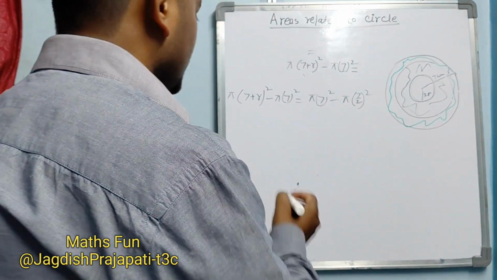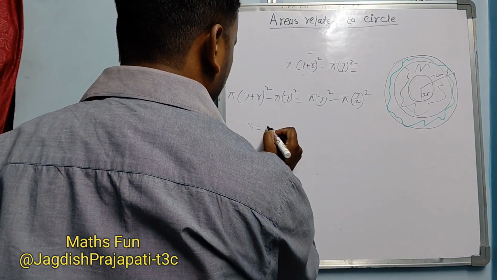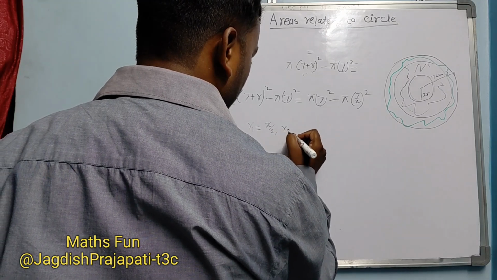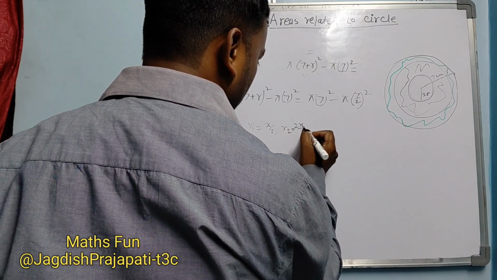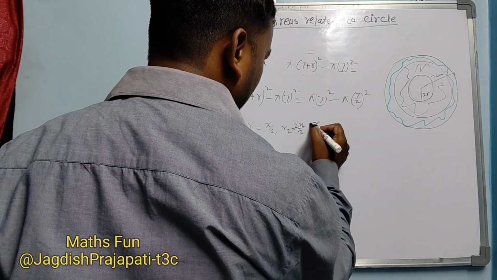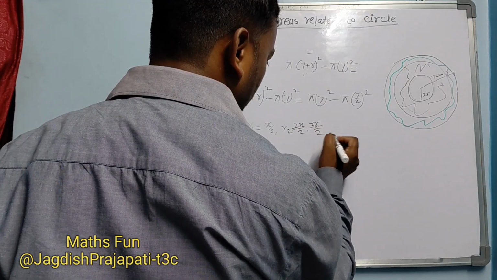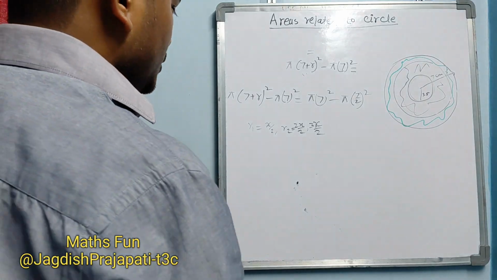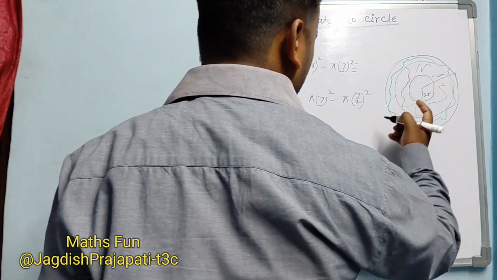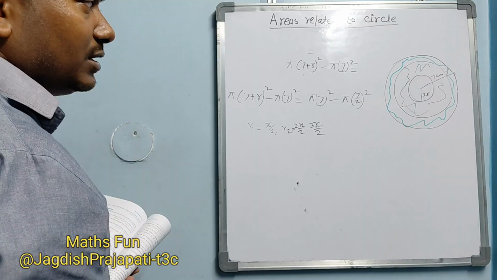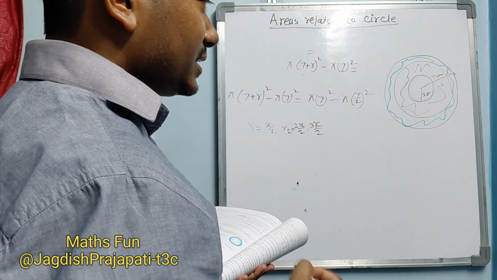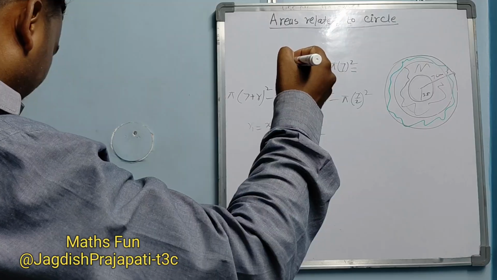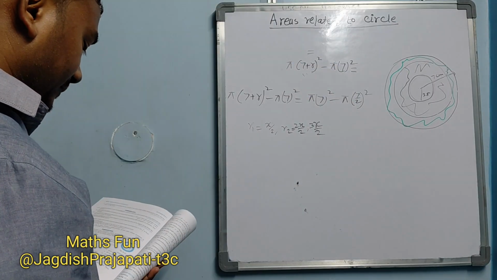Therefore the radii will be r1 equals x by 2, r2 equals 2x by 2, and r3 equals 3x by 2. Now using r1, r2 and r3, you have to find the ratio between the areas of the 3 regions.